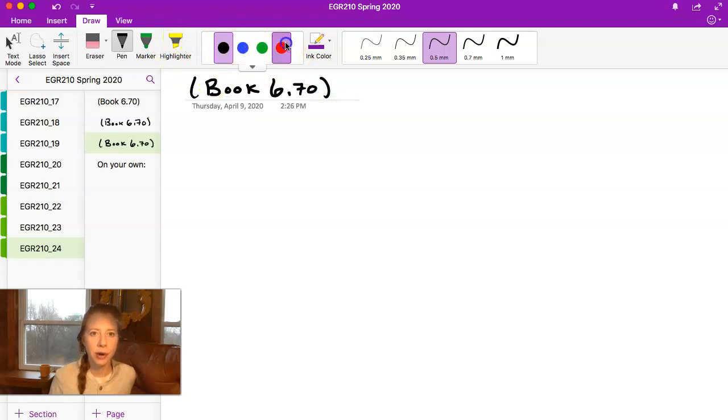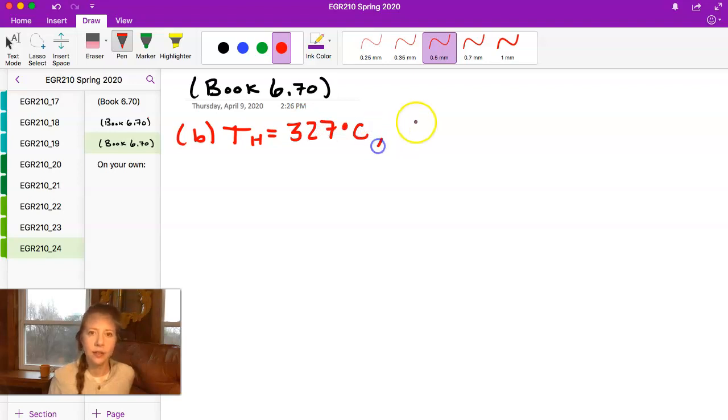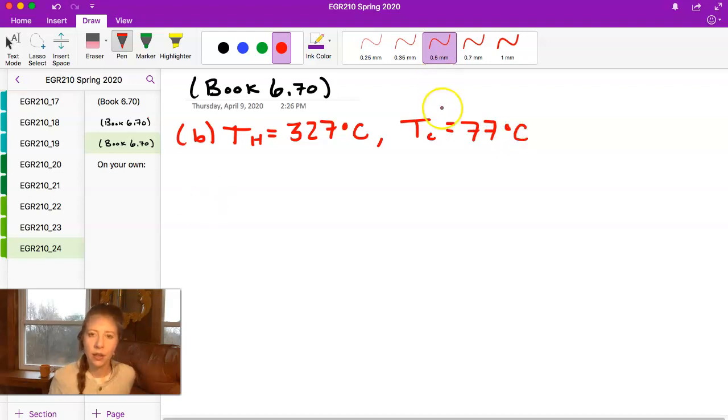So for this last part, TH is 327 degrees Celsius, TC is 77 degrees Celsius, kappa, the conductivity, for copper, is 0.4 kilowatts per meter Kelvin.